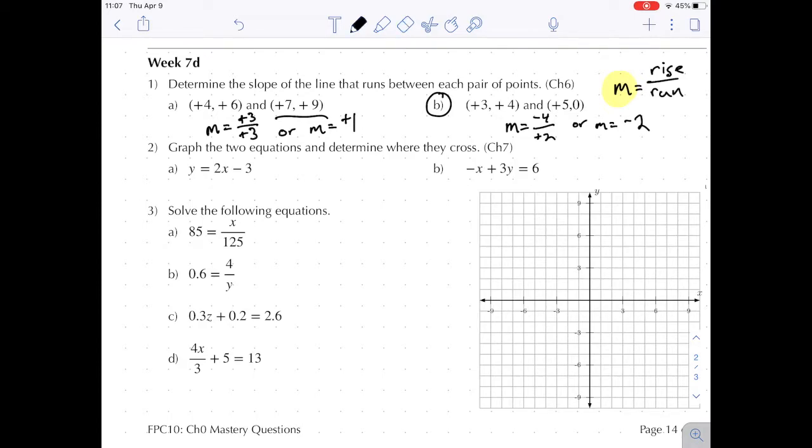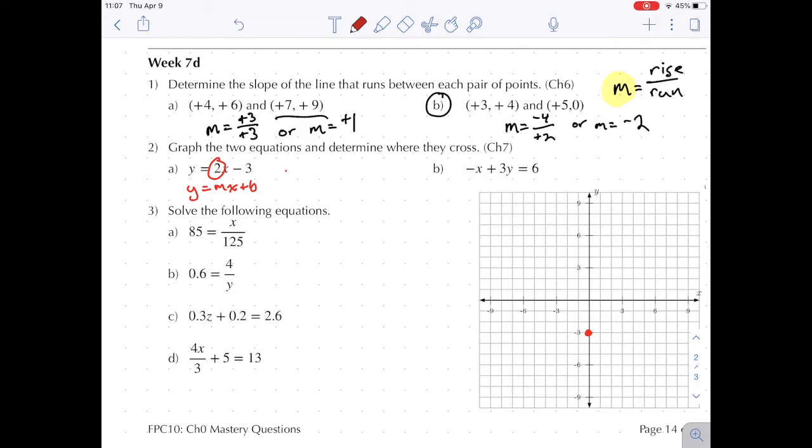All right, let's graph the 2 equations and determine where they cross. This is from Chapter 7. Our first equation is in y equals mx plus b form. b is the -3 and m is the +2. So our -3 is where we cross the y-axis.